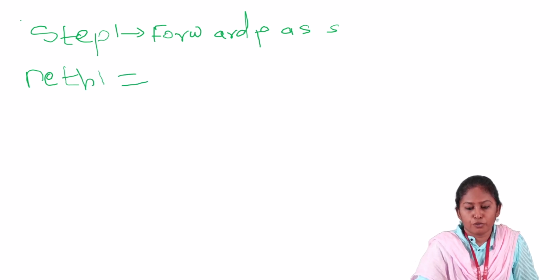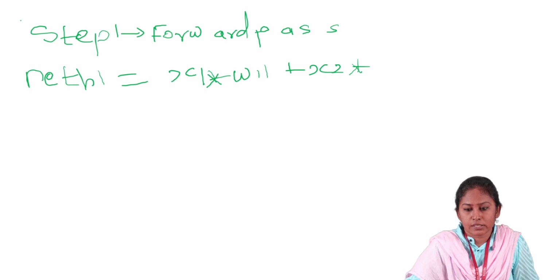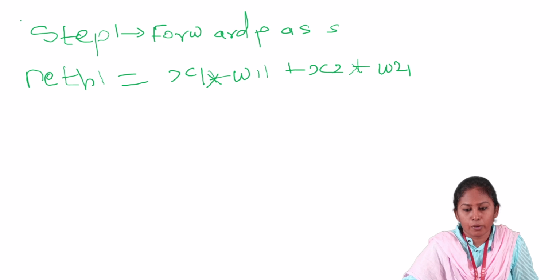As per the diagram, how does H1 get the input? It is getting the input from X1 star W11 plus X2 star W21, right? Is there any bias that I have mentioned in the problem? No. So with this only we are going to calculate now.